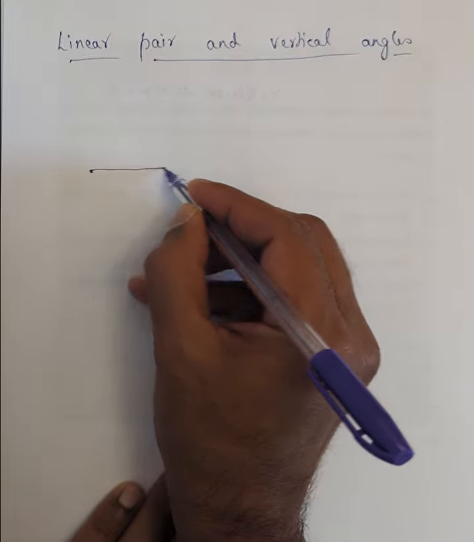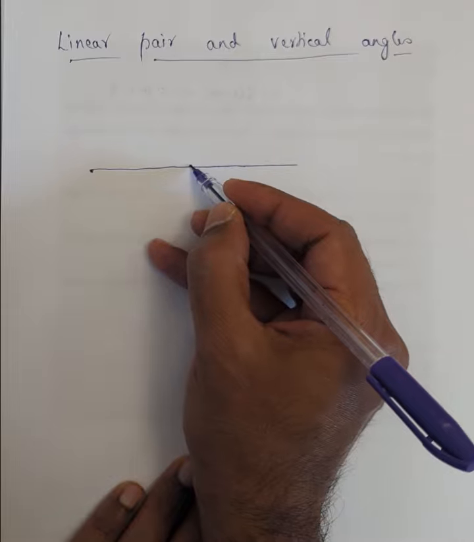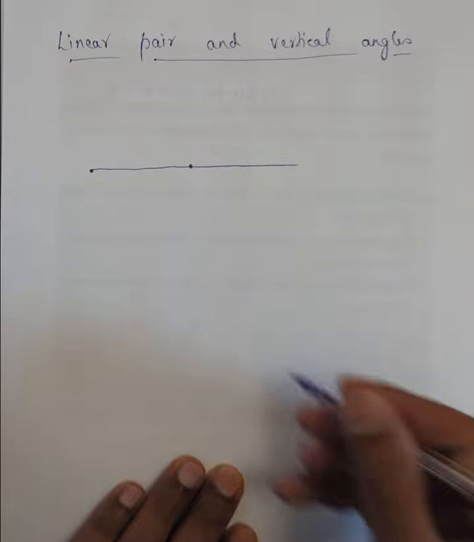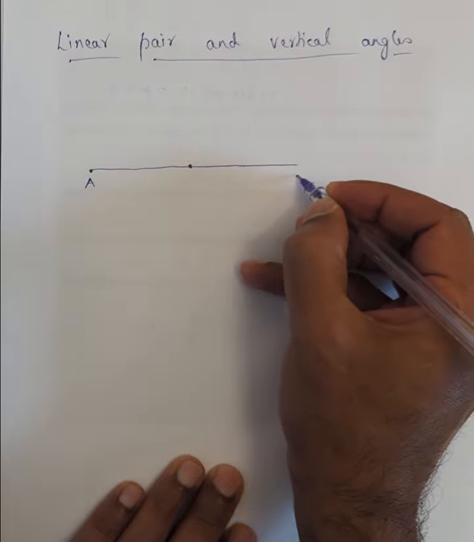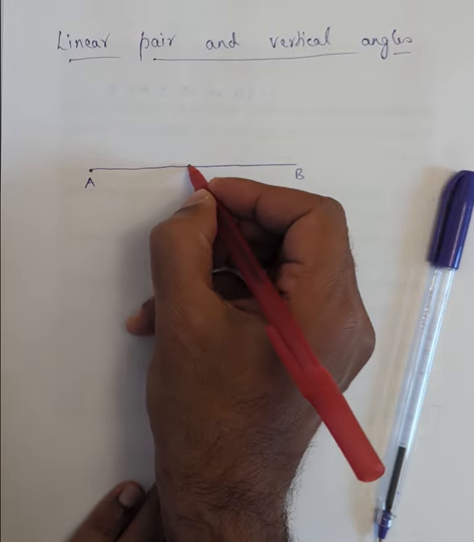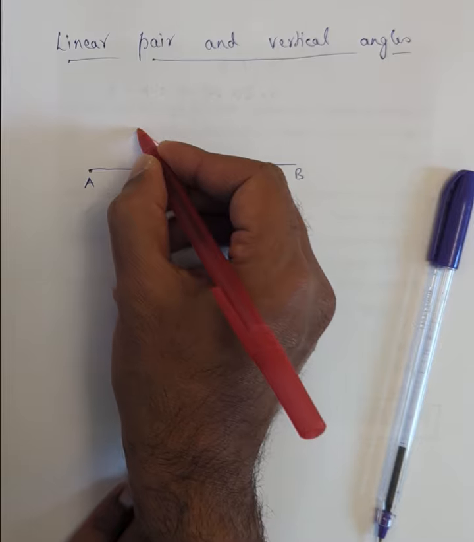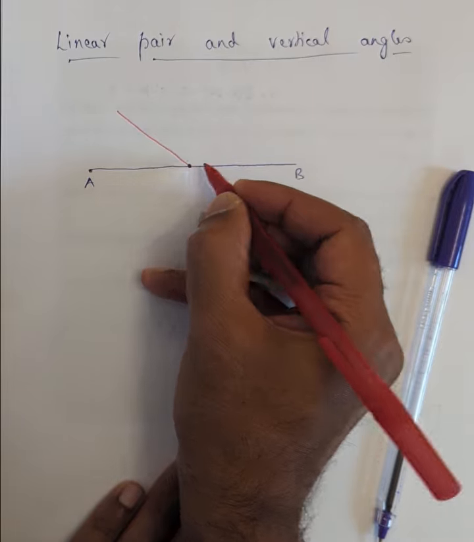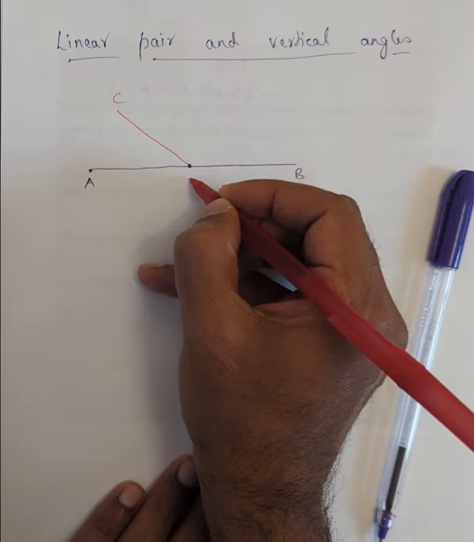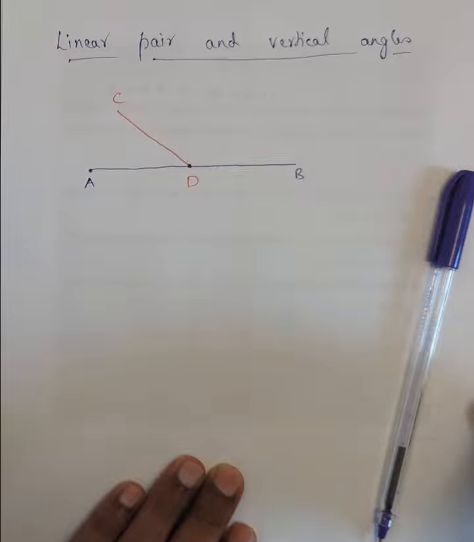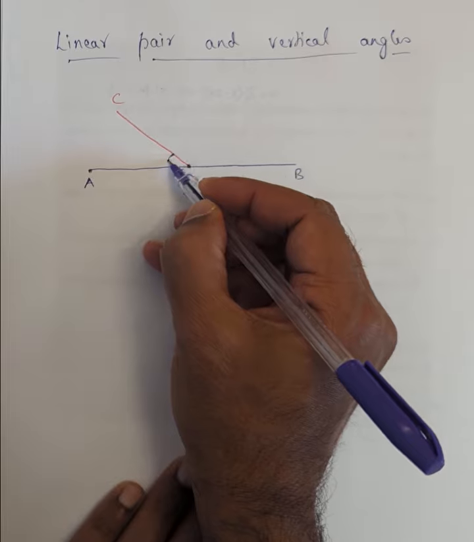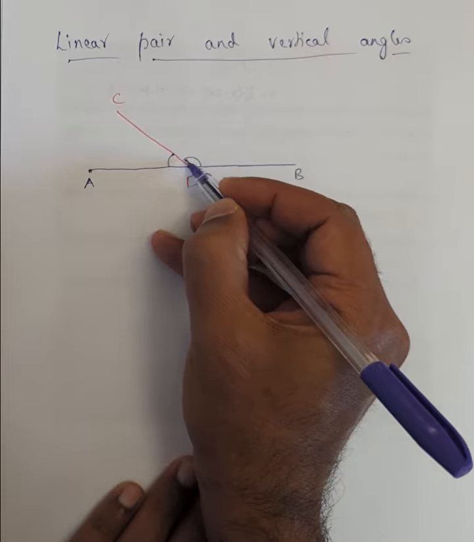If you have a line, then if you were to use a protractor and measure this angle, it would be 180 degrees. So let's say you have line segment AB, and if I were to draw another line, say CD, with some point D here, what CD does is it splits the 180 degrees angle into two parts.